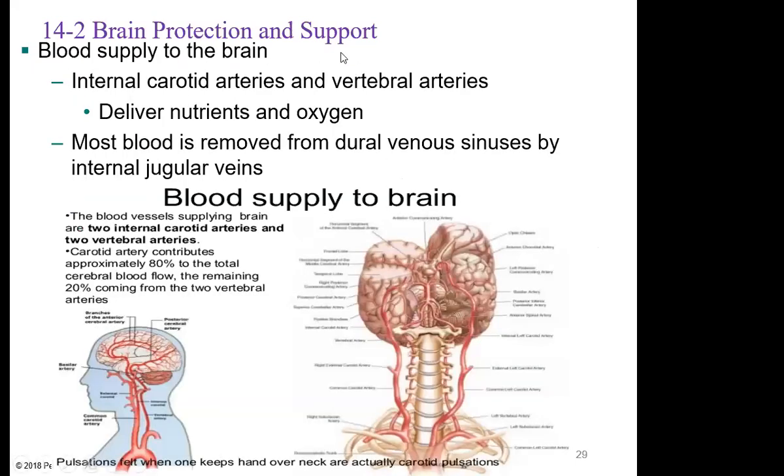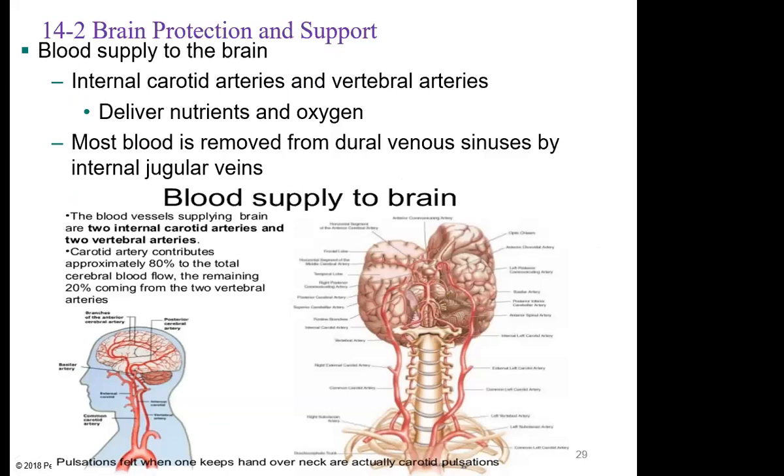Okay. Blood supply to the brain. Internal carotid arteries and vertebral arteries are going to deliver the blood up to the brain. The carotids you can use to feel your pulse, so those are pretty easy to feel within the neck.